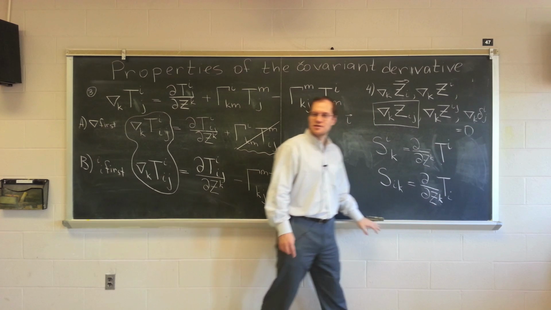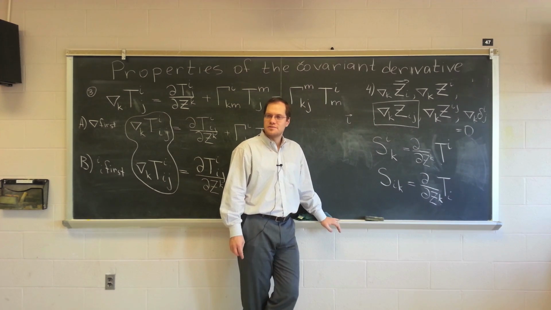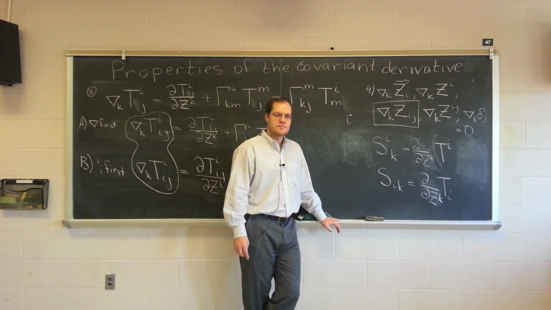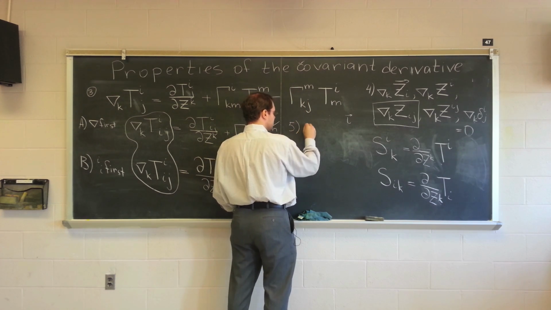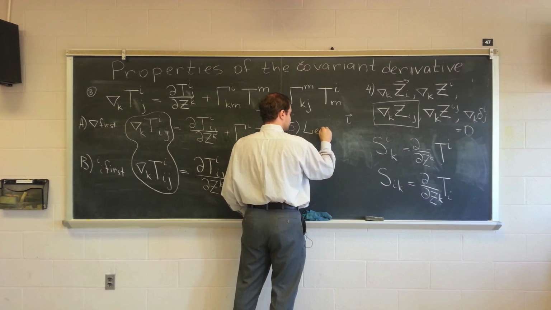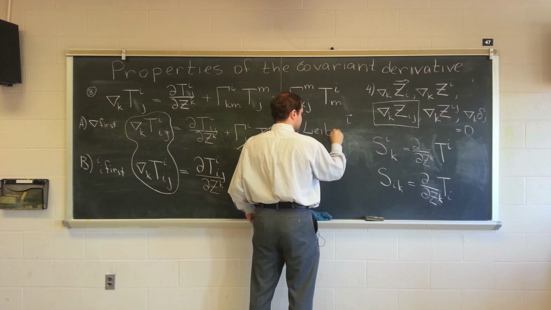We have an expression for it in terms of the Christoffel symbols. Okay, so property number 5 would be the product rule, also known as Leibniz law.